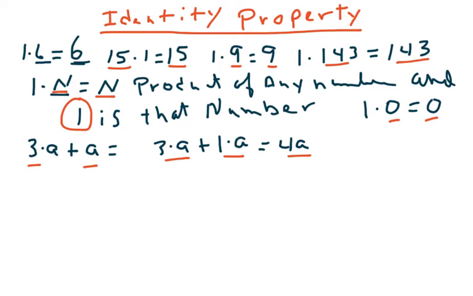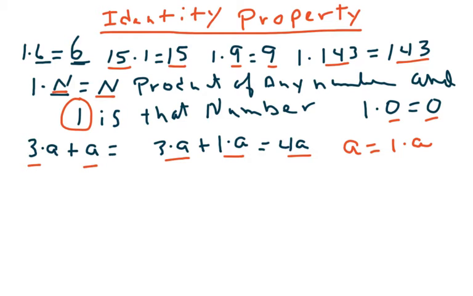Isn't that simple? And so the identity helps us, because if you ever see a single variable, you can always write it as 1 times that variable, because that's what the identity says. No matter what you multiply times 1, you get that number. So A is the same as 1 times A, just like we said up here. 1 times n is n, or A is 1 times A. Same thing.